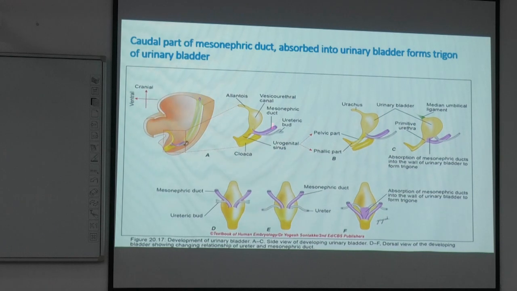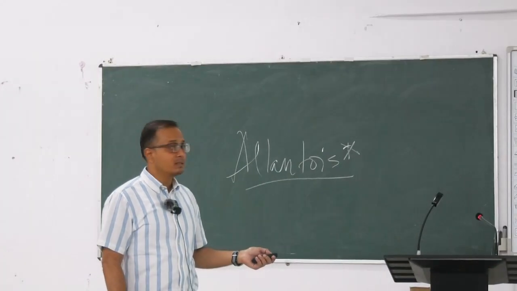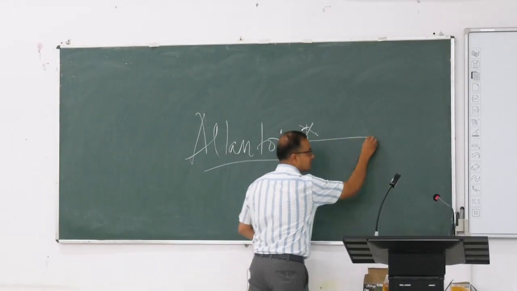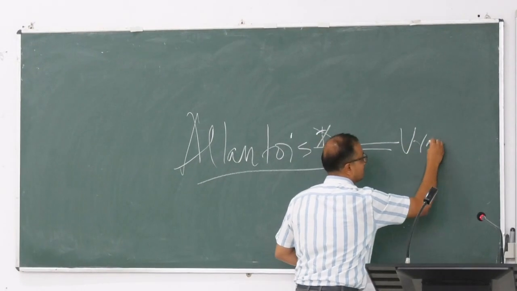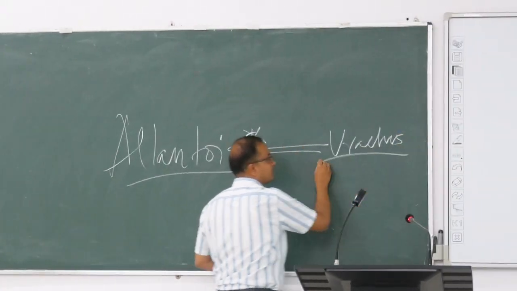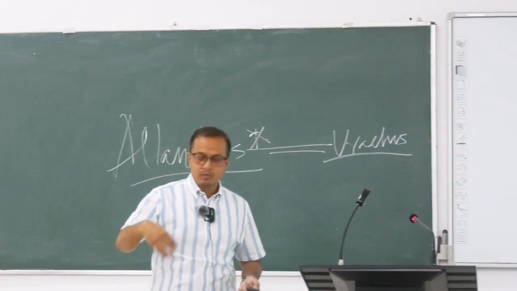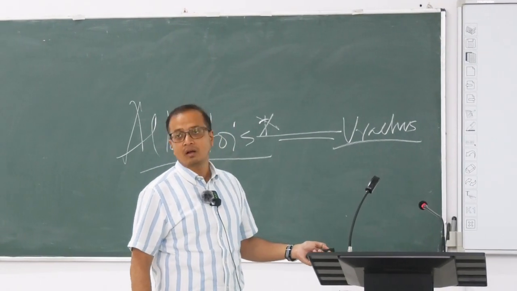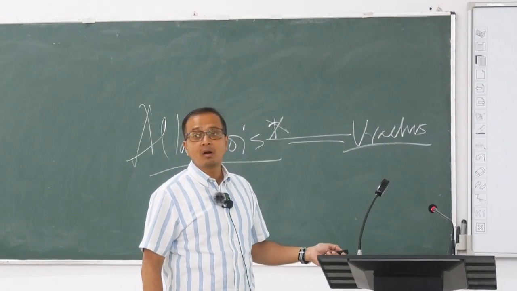Now this allantois is normally attached to the bladder apex, and with embryonic development it goes through transformation and becomes a cord-like structure. Then we call this allantois the urachus, a cord-like structure.